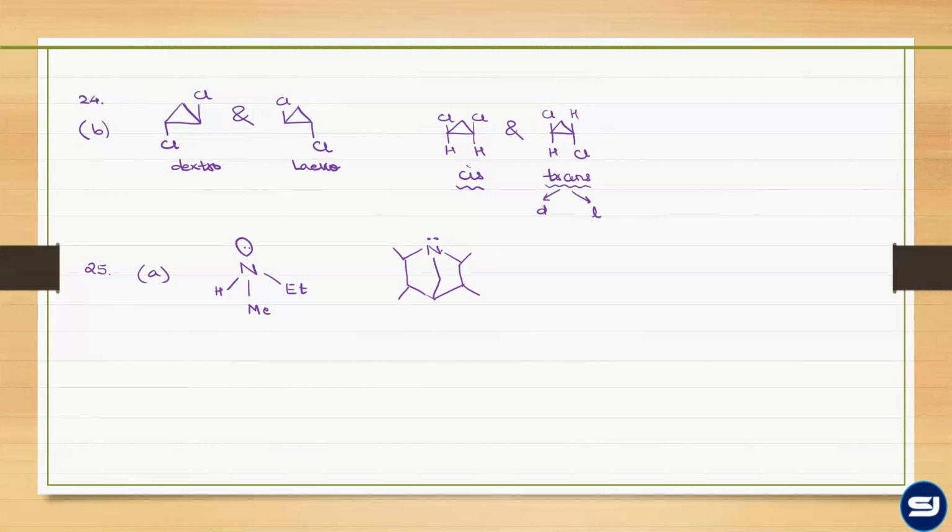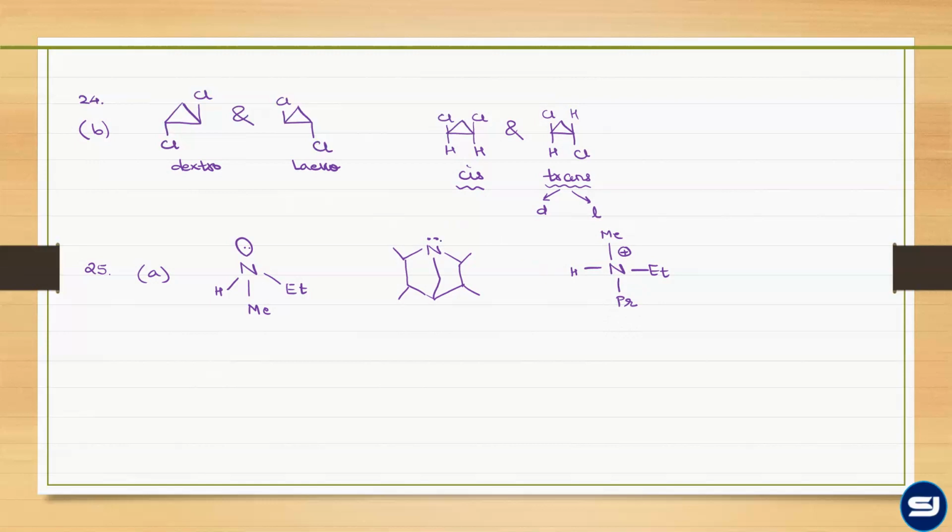Now, this concept is not in much detail, but there are two instances where the nitrogenous compound can also show optical activity. One is a case of ammonium ion, where if the ammonium ka nitrogen is bonded to four different groups similar to the carbon, let's say H, Me, Et, and propyl, then in this case, the ammonium ion, similar to the carbon, having a tetrahedral geometry, can show optical isomerism.